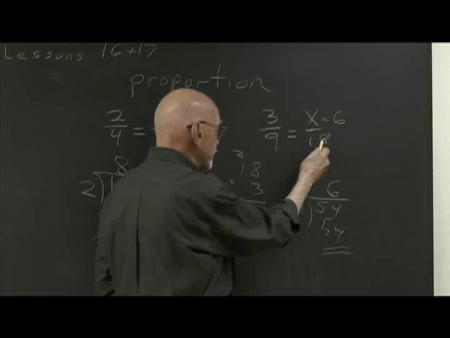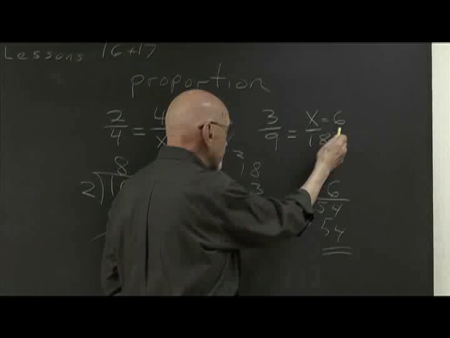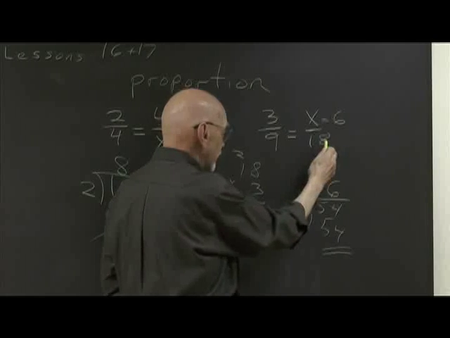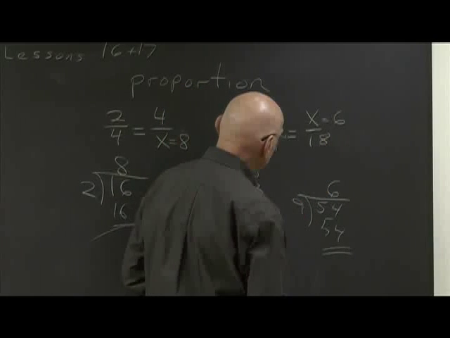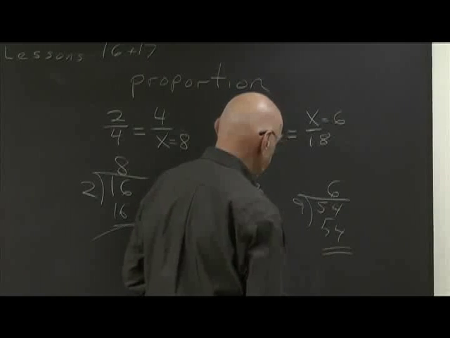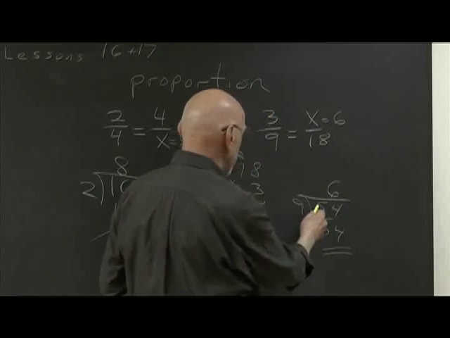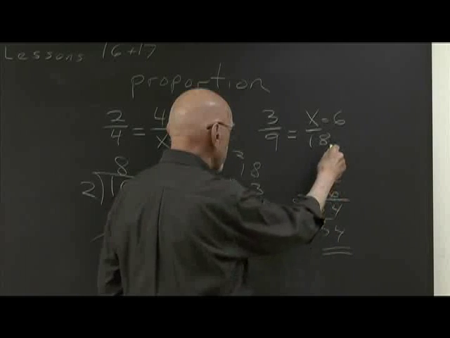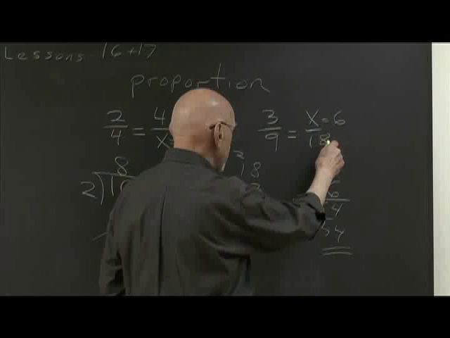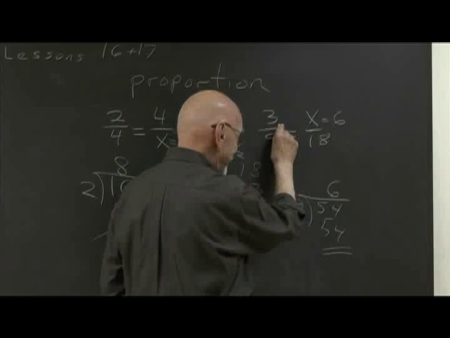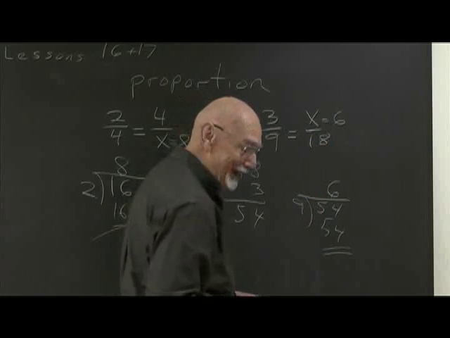So if you were to reduce, say 3 into 6 goes 3 times, 3 into 18 goes 9, does not go 9 times. Let's see what I'm doing wrong here. The X equals 6, so this would be 2 into 6, not 3.